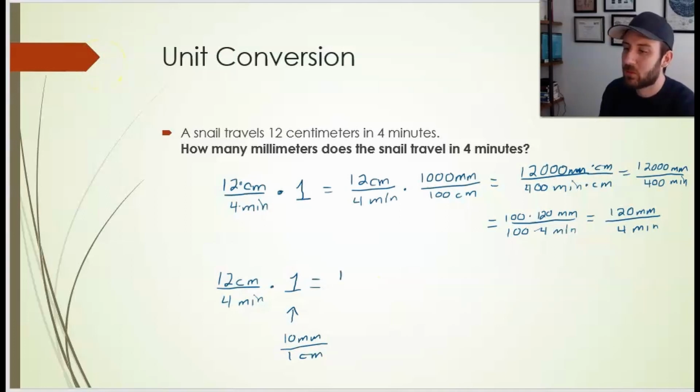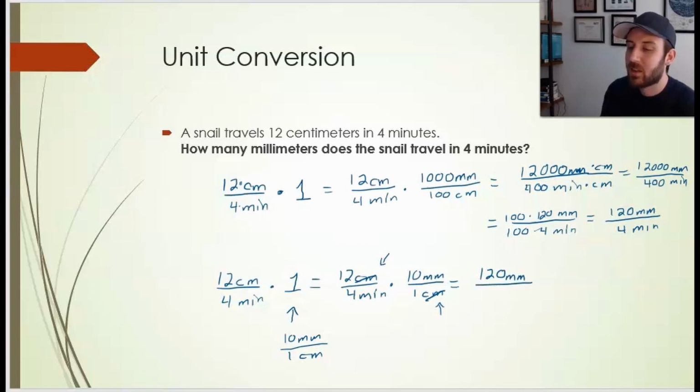So on the next line, we would have 12 centimeters for every 4 minutes times, instead of 1, we'll write something that means 1. We'll write 10 millimeters divided by 1 centimeter. And again, since I have centimeters on the numerator and centimeters on the denominator, that's going to be something times itself, and they can cancel away. And that's going to leave me with 12 times 10 is 120 millimeters for the units. And then in the denominator I have 4, and the minutes is just the 4 minutes.